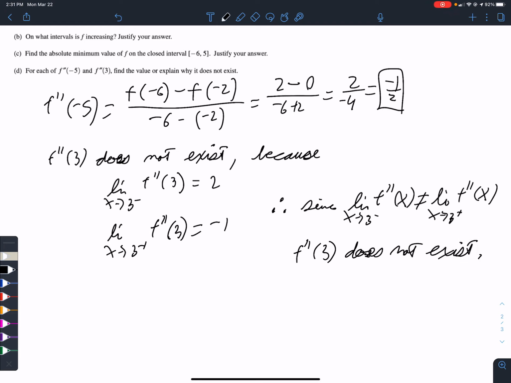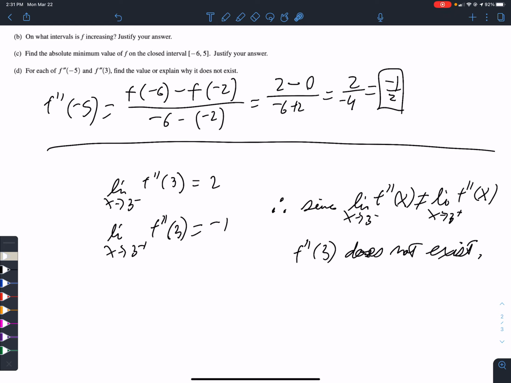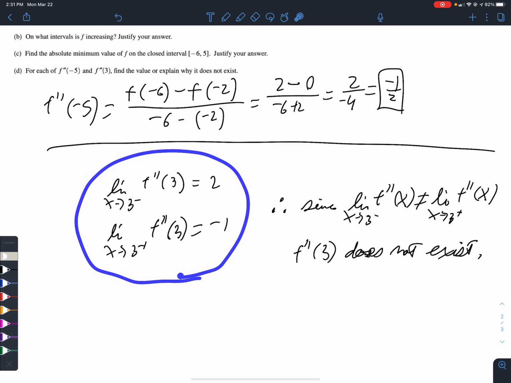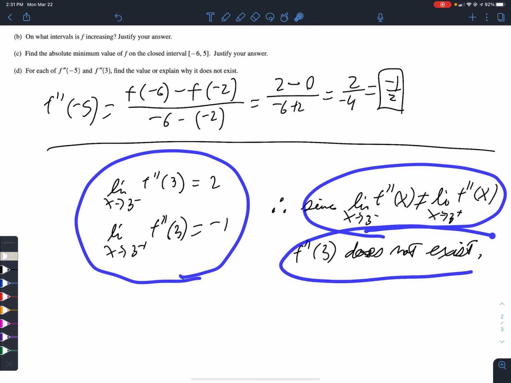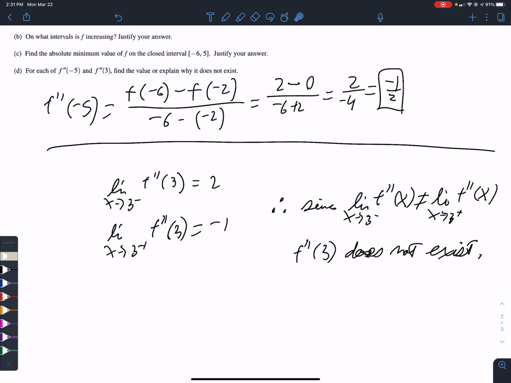Now, technically, I wouldn't need all this because it's redundant. So I found the slope from the left is 2, the slope from the right is 1. Therefore, from the left and right, they're not equal. Therefore, the derivative does not exist.